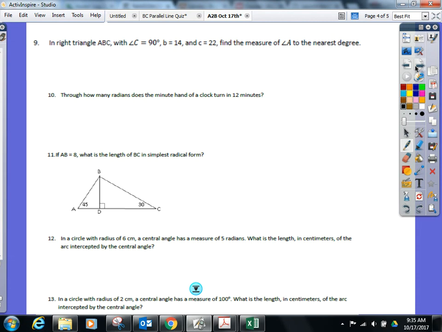Okay, so how many degrees does it form when the minute hand goes 12 minutes? How many radians does it pass through? Well, radians, I have no idea. But I could find it in what type of measure, though? Degrees. So let's try to find it in degrees. Whatever it is in degrees, I have faith in you tomorrow that you can convert it. Okay, so let's find out. Go up to the clock here. How many degrees will it go in 12 minutes?